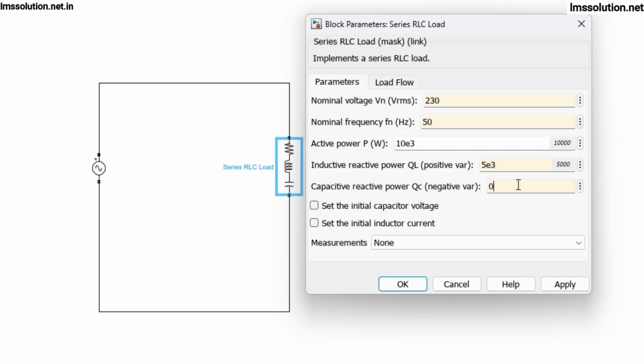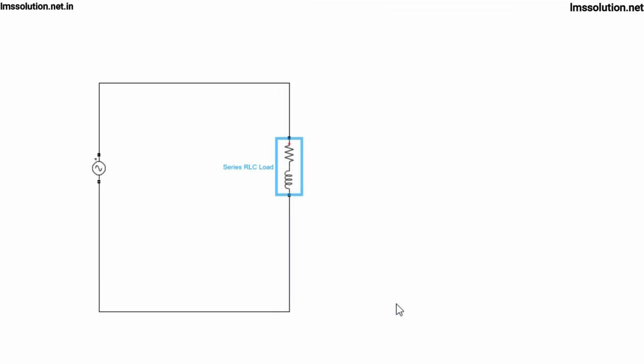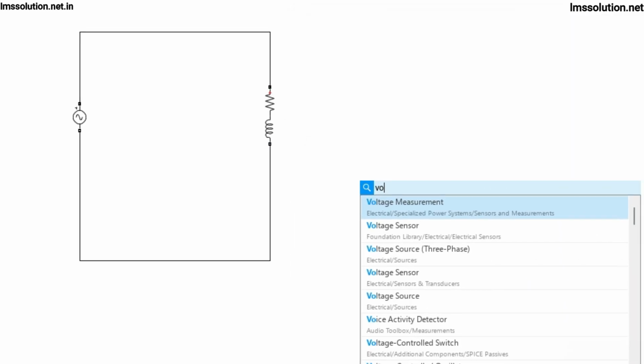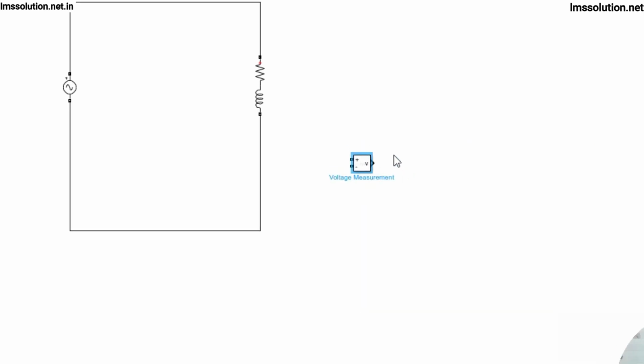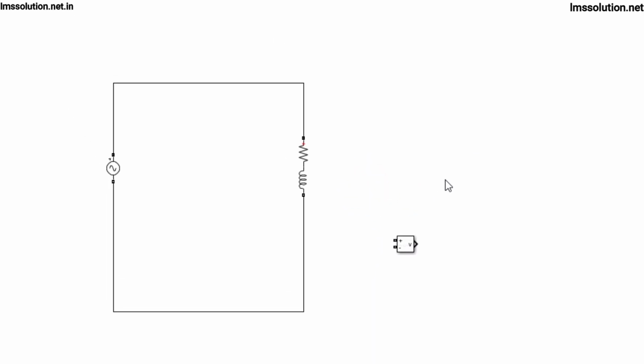So inductive reactive power I'm considering 5 kilowatt, capacitive reactive power I'm considering 0, and active power is 10 kilowatt. Okay. So next we need a voltage measurement block. Just type voltage measurement, and we need a current measurement.